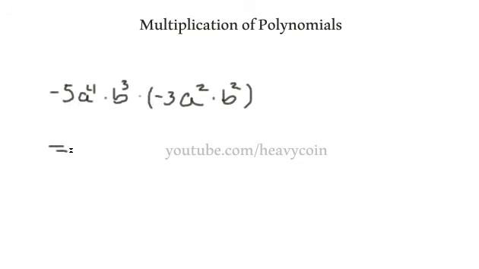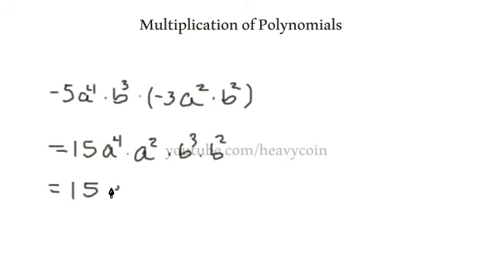So negative 5 times negative 3 is 15. And then of course you have a to the fourth. I think I'll just group these first before we go any further. Then we have b to the third times b squared. So now we have 15. Now remember, both of our bases are alike, so we add our exponents, 4, 5, 6, times b, 3, 4, 5. And that has now been simplified down.